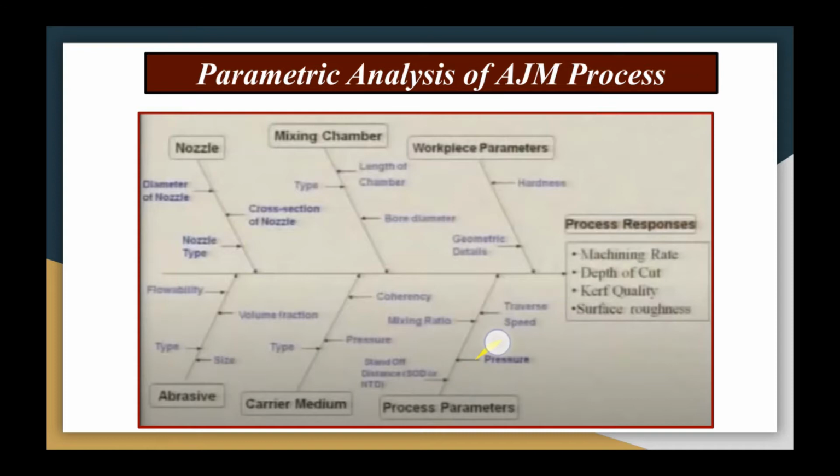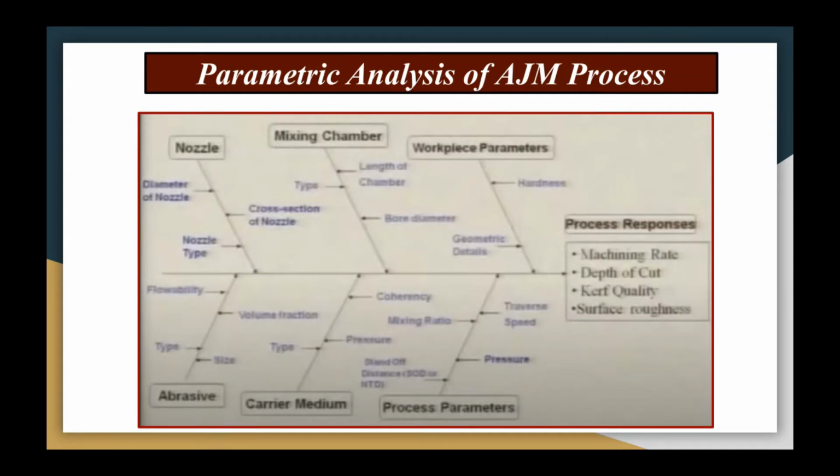Then the machining parameters of the process, which include the traverse speed. This is the speed with which we are moving the workpiece to get the different shape and size of the cavity on the workpiece.